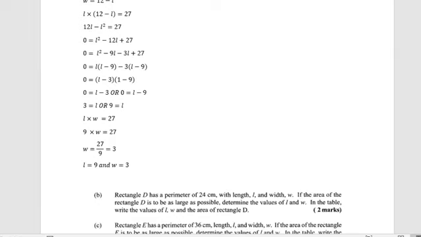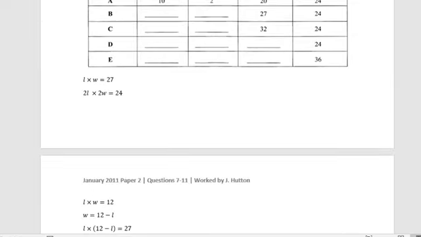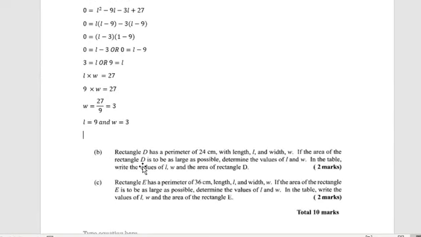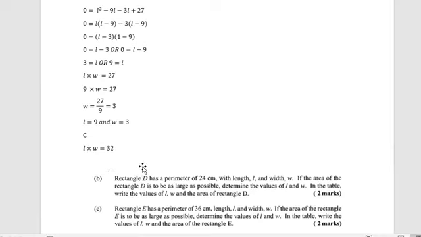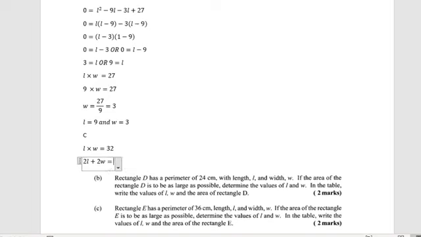It says the area is 32 and the perimeter again is 24. So we're using a similar concept. For C, length multiplied by width is equal to 32, and 2L plus 2W is equal to 24 again.